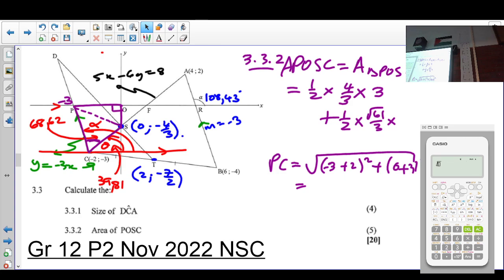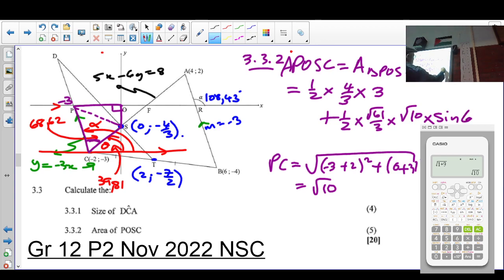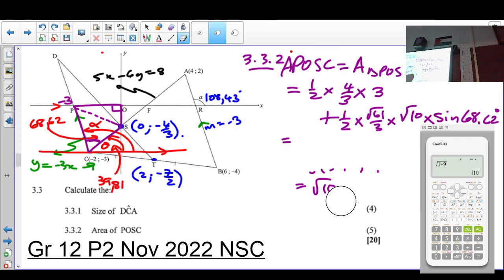It's going to be the square root of, open brackets, 1 squared plus 3 squared, which is 9, which is the root of 10. That's going to be the root of 10 times that angle. So it's going to be sine 68,62. Okay. Let's put that in the calculator.